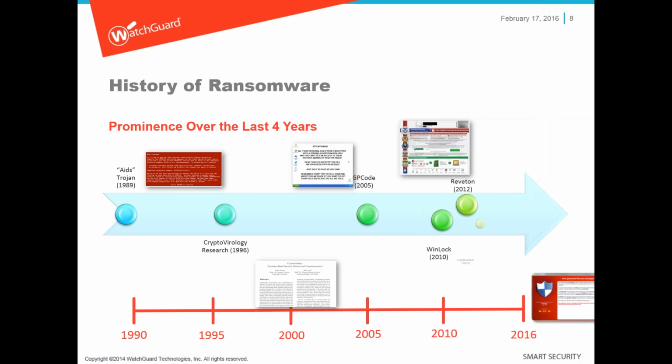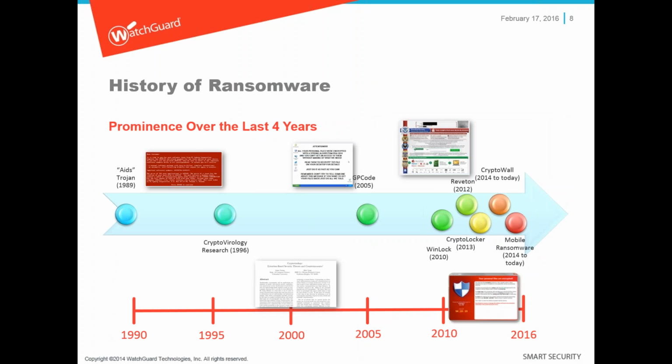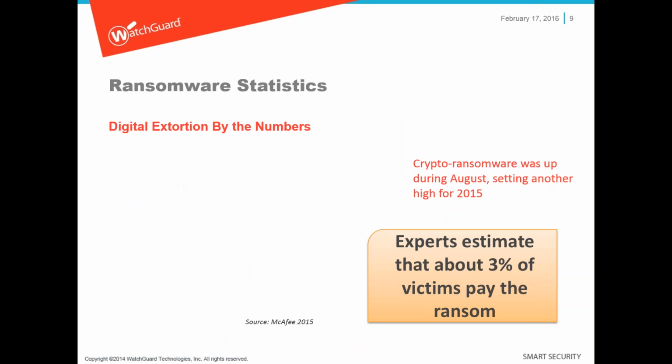Now from 2010 onwards, we really begin to see an explosion of ransomware as more and more attackers get on board and the tools become easier to obtain. Not to mention encryption methods are becoming much harder to crack. Today, ransomware can be repackaged and redistributed within something like a 2-hour window.